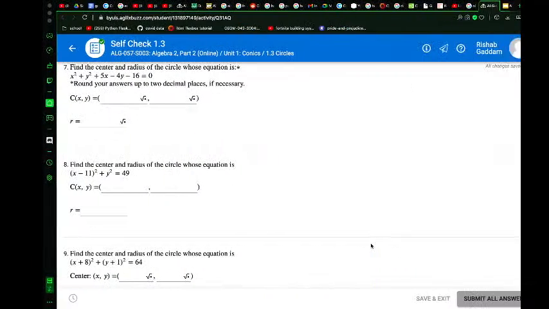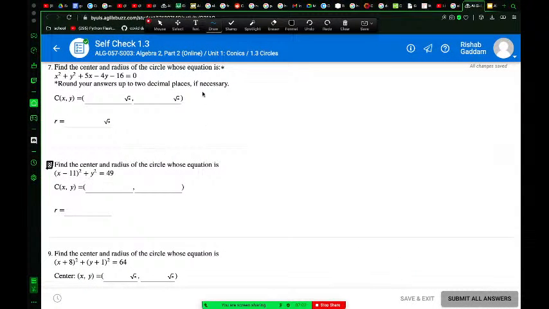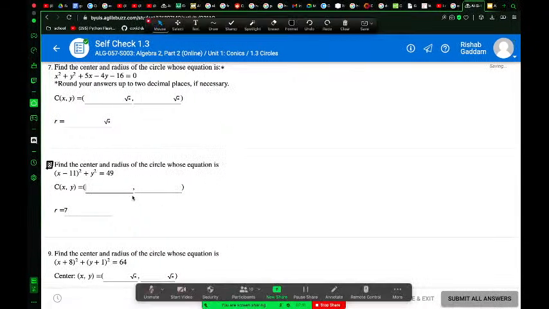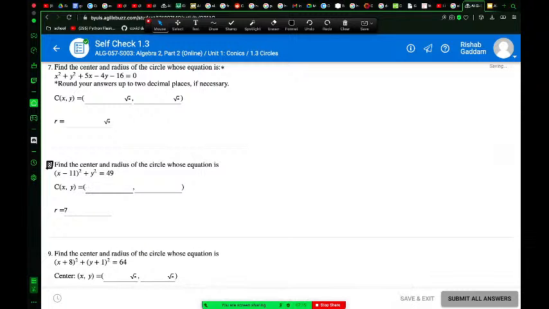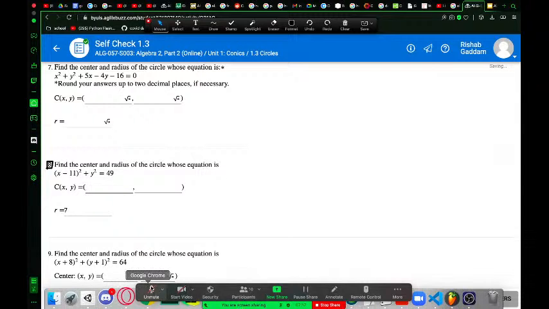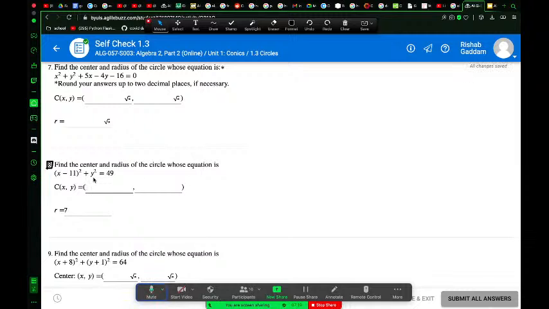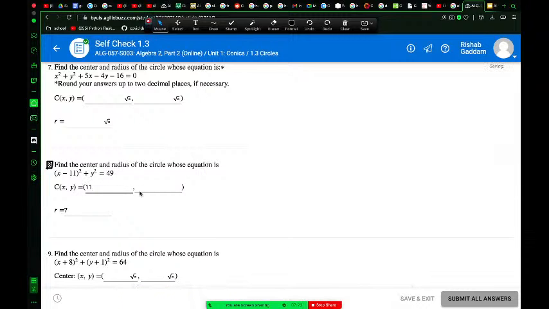So to find the radius, isn't it 41? The square root of 41. So the radius would be 7. And I think the center is -11, 0. It's actually positive 11. Do you know why?